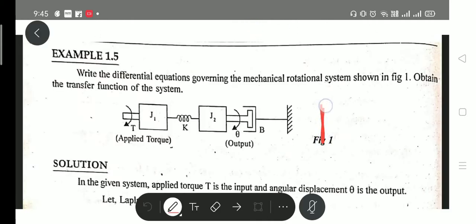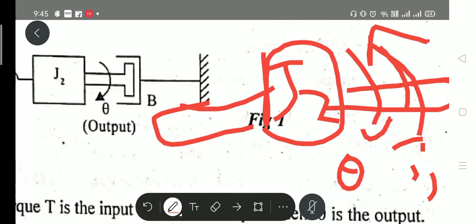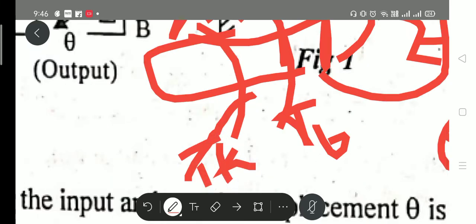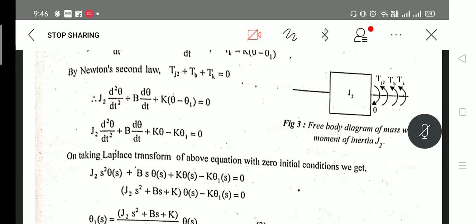So here the torques Tj2, Tb, and Tk are the elements connected to the second node, j2. Here theta is the output node.